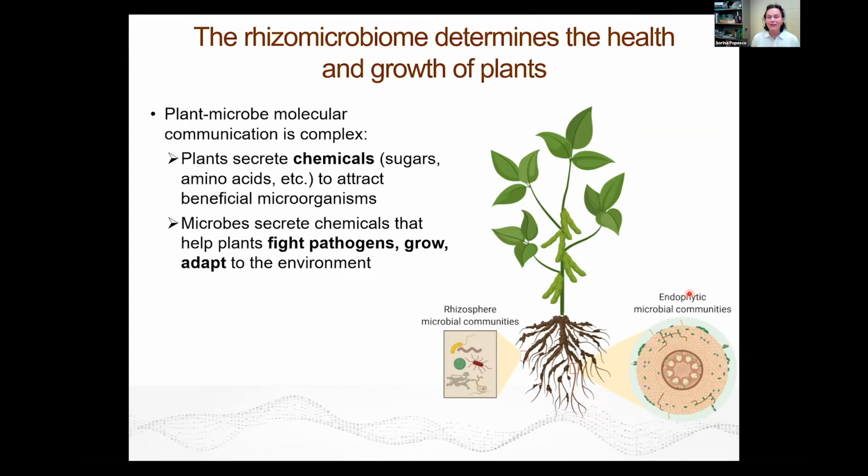So how are these communities established? So why does plant interact with microbes? Well, there is a very complex molecular communication going on between plants and microbes. So on the one hand, plants secrete chemicals in the soil. This can be sugars, amino acids, and these chemicals are used as nutrients by soil microorganisms.